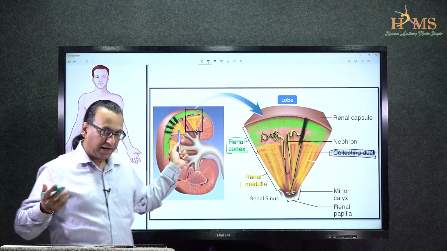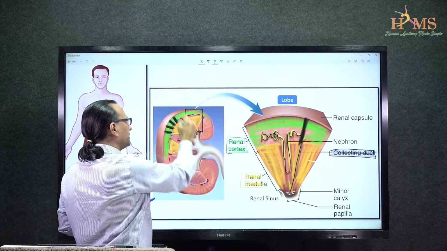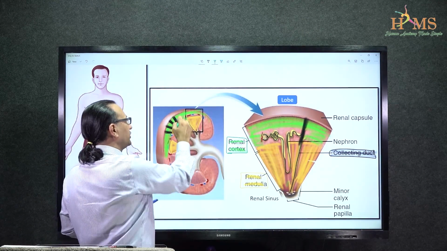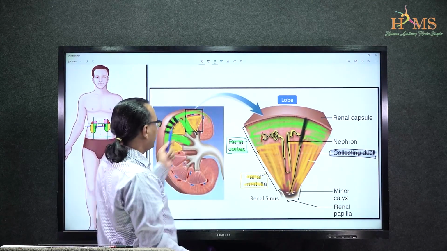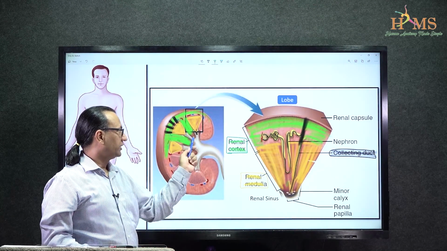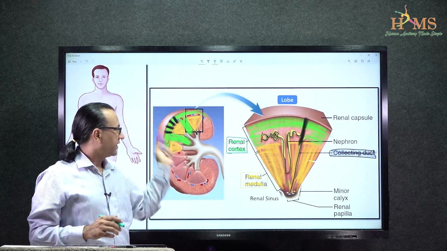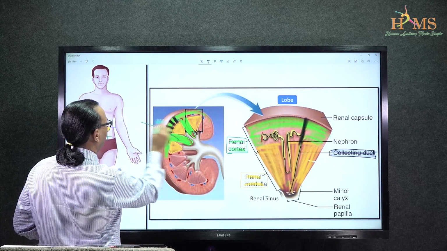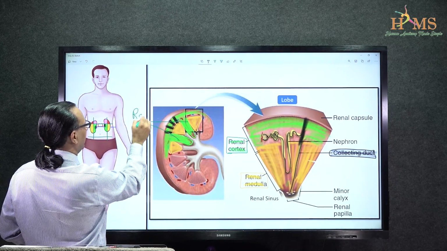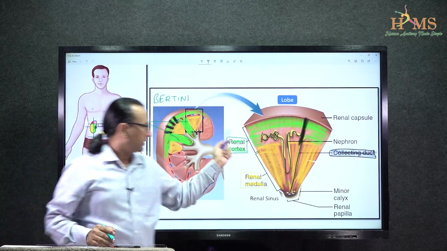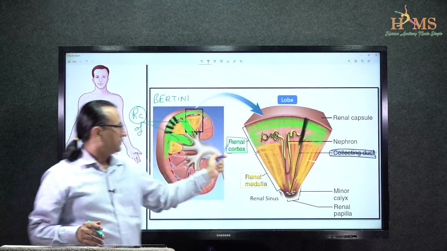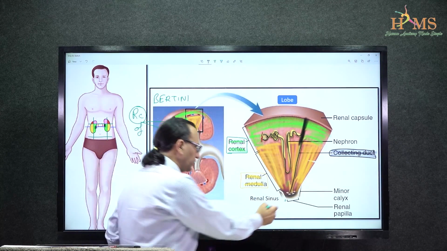Similarly, we will find that even the cortex is getting sandwiched between the medullary pyramids, and these intermittent cortical projections into the medulla are called the renal columns of Bertini. Now, outer is the cortex, inner is the medulla, and still deeper is the renal sinus.